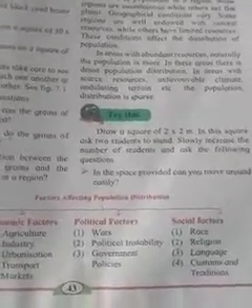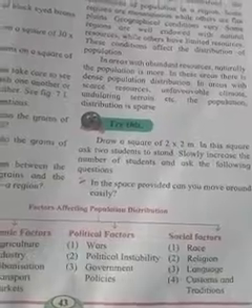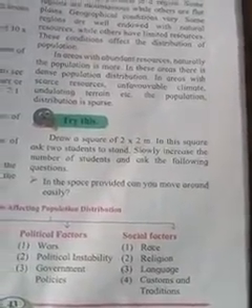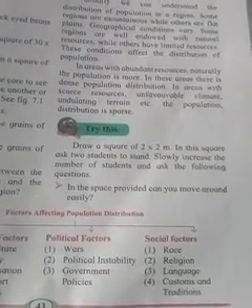Political factors: wars, political instability, government policies. And social factors: race, religion, language, custom and tradition. You understand the factors affecting population distribution? Mainly physical factors, economic factors, political factors and social factors.